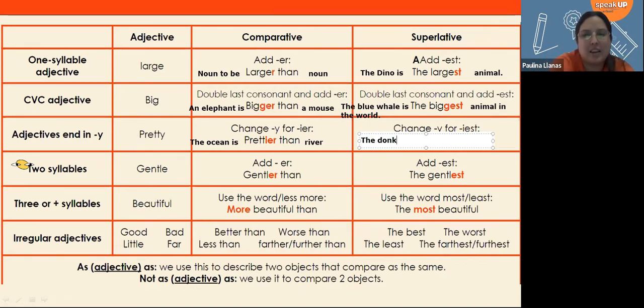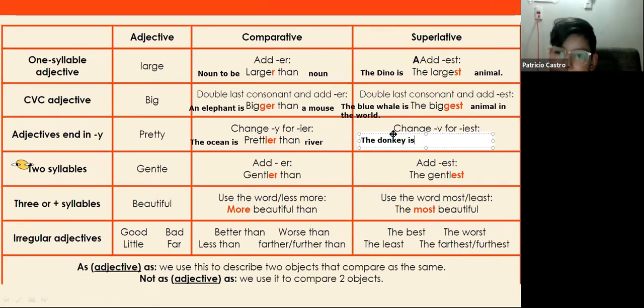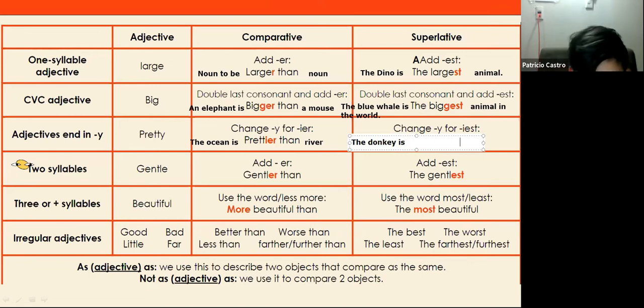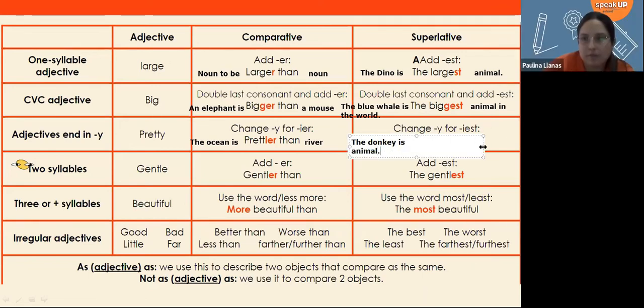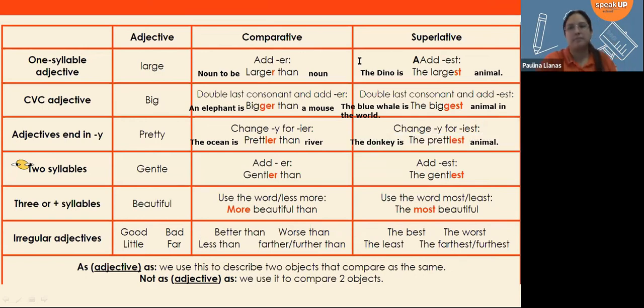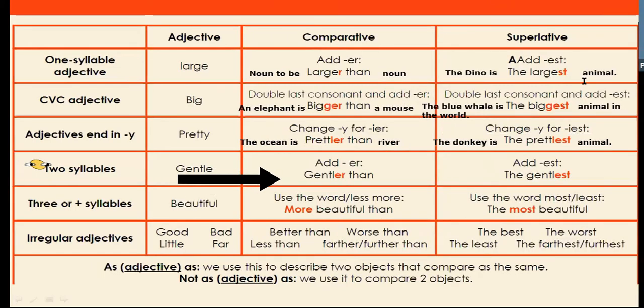Yes, it can be. The donkey is the prettiest animal, for example. And now we know that it is the superlative of all the animals, the prettiest in this category.